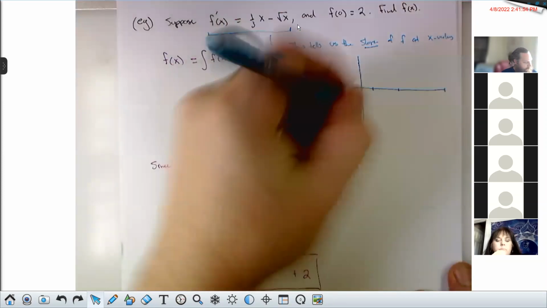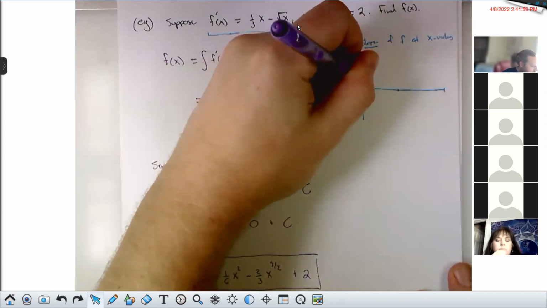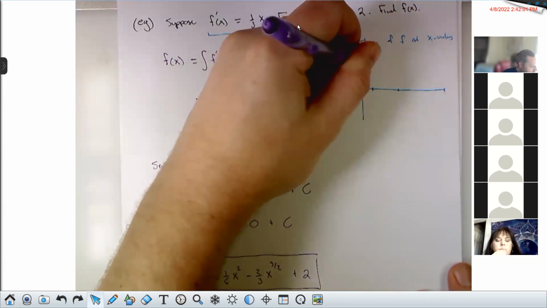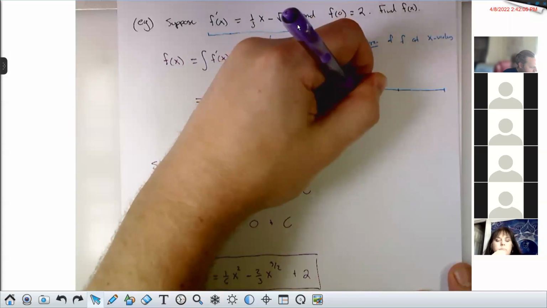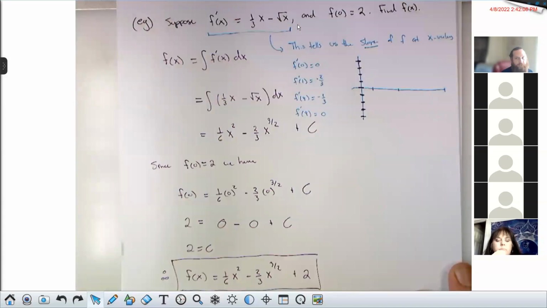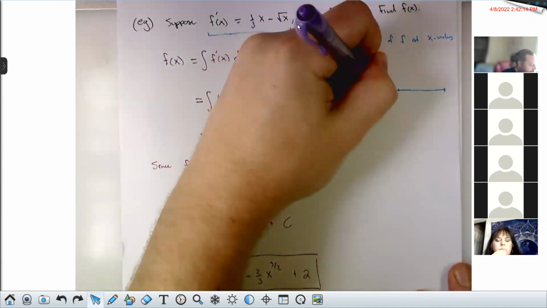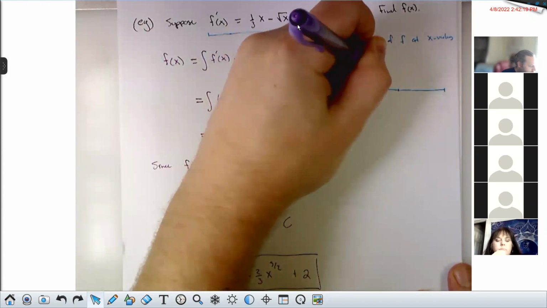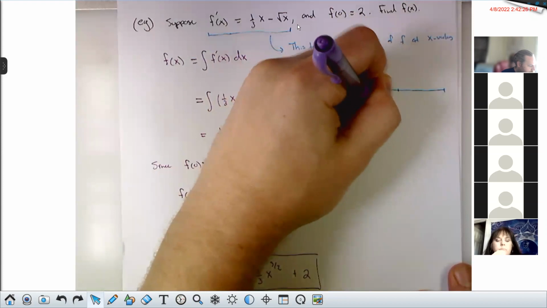Since f prime of 0 is 0, I know that the tangent line is horizontal, so I can fill everywhere along the line x equals 0 with these little horizontal tangent segments. Since f prime of 1 is negative 2/3, I can fill the line x equals 1 with little tangent segments whose slopes are all negative 2/3.